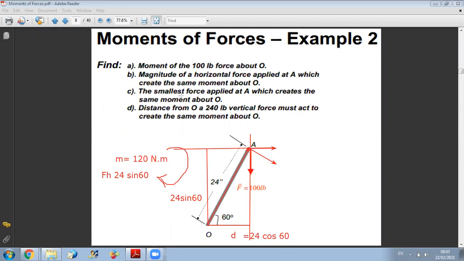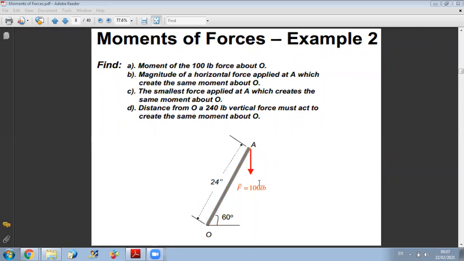Okay? So I can say here that this corresponds to the minimum F minimum times 24 is equal to 120, and I can find the value of F minimum. The last question, at what distance from O a 240 lb vertical force must act to create the same moment about O?